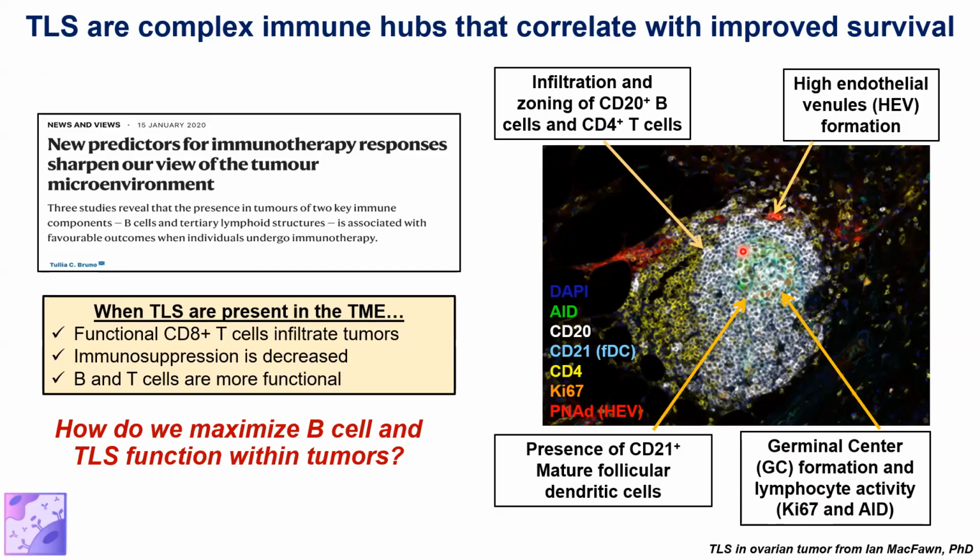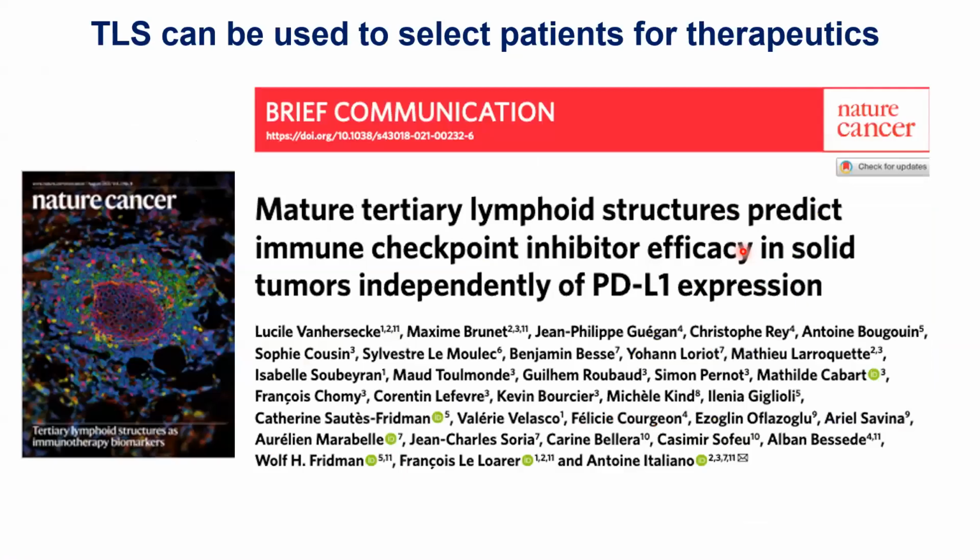So the question then becomes, with this background, how do we maximize B cell and TLS function within tumors? The reason that we want to do this, I think, and just to give a little bit more background before I get into some data in the lab, is that we have found that we might be able to select patients for therapeutics via their TLS. This paper that I'm highlighting is from my French colleagues.